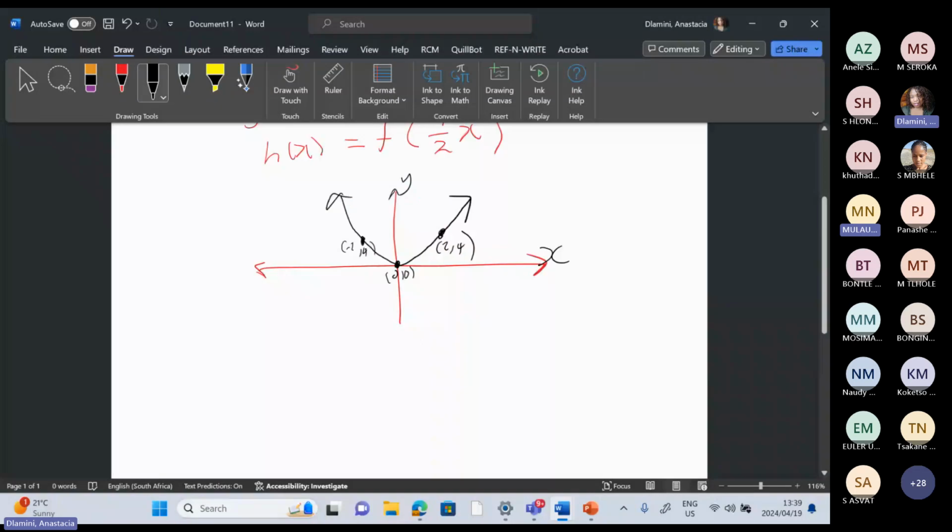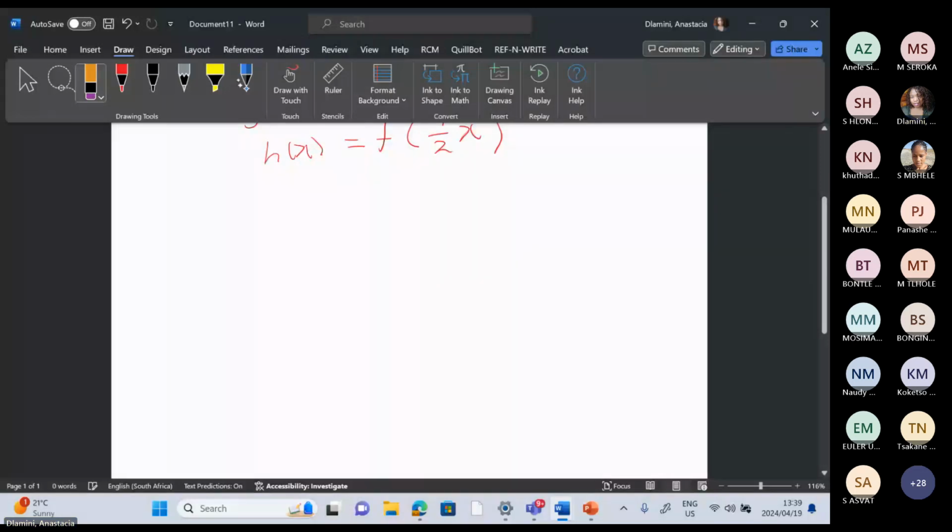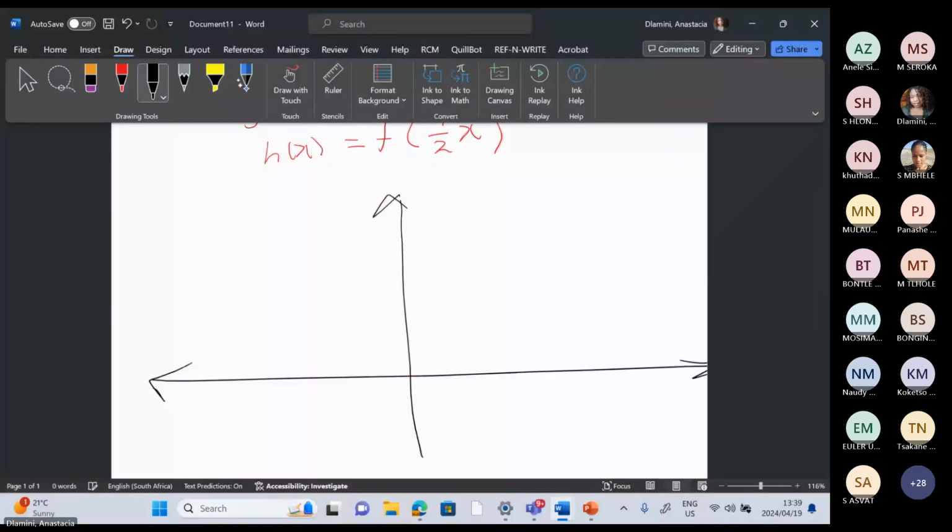Let's make it a little bit bigger so that we see the difference. So this is y, this is x, and our parent function is y equals x squared.